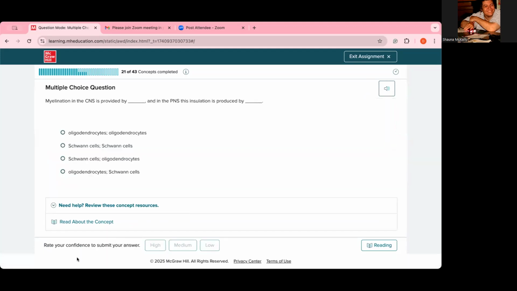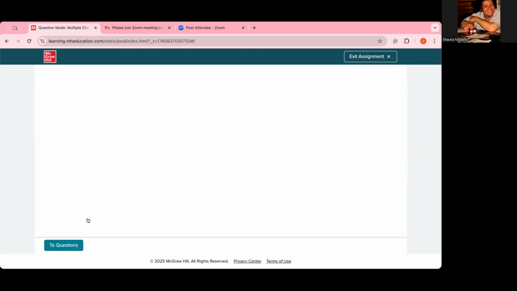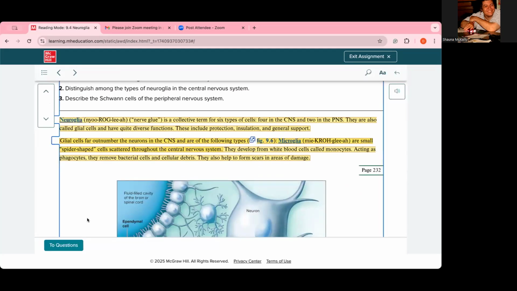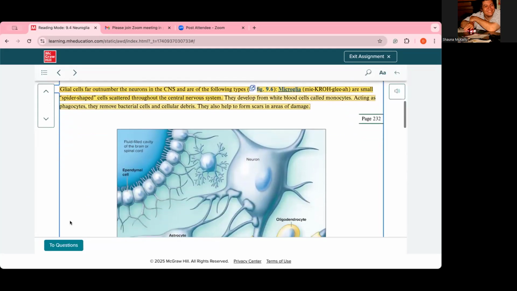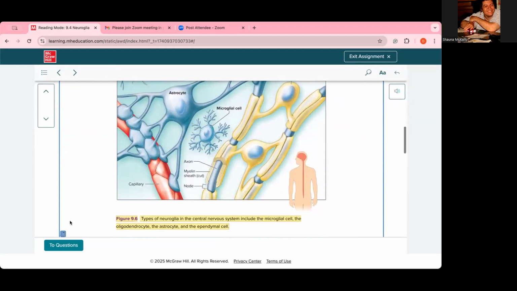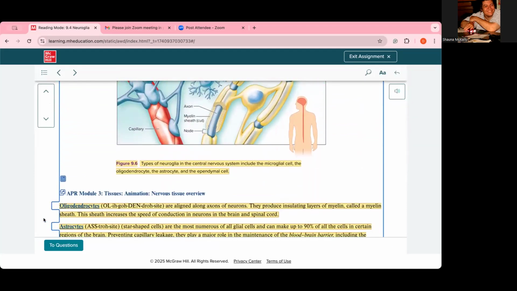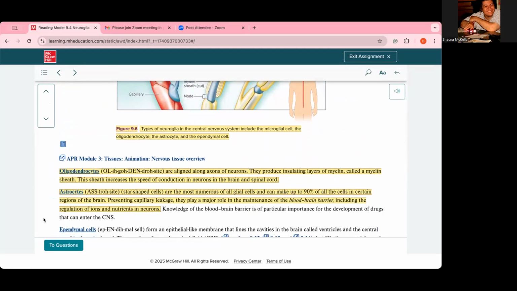Myelination is provided by blank, and in the PNS, this insulation is produced by blank. Okay, that's in the same section. I didn't read you about the myelin sheaths, but let's read about that. Oligodendrocytes are aligned along the axis of neurons.